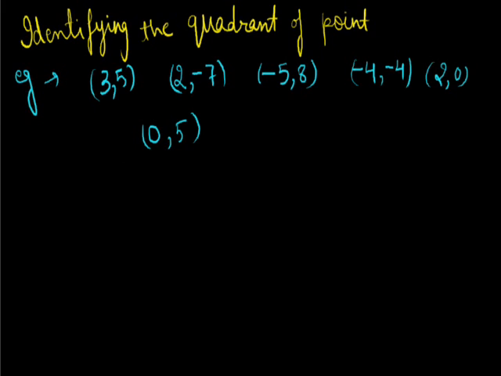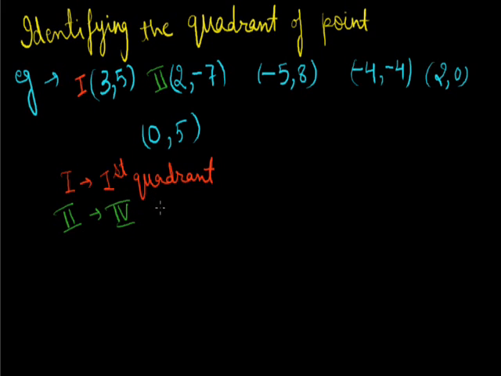The first point is having both the coordinates positive. That means the first point is in the first quadrant. The second point, x is positive and y is negative, which is a condition of the fourth quadrant.